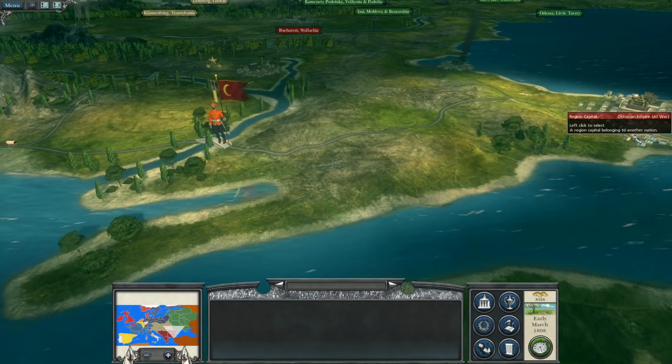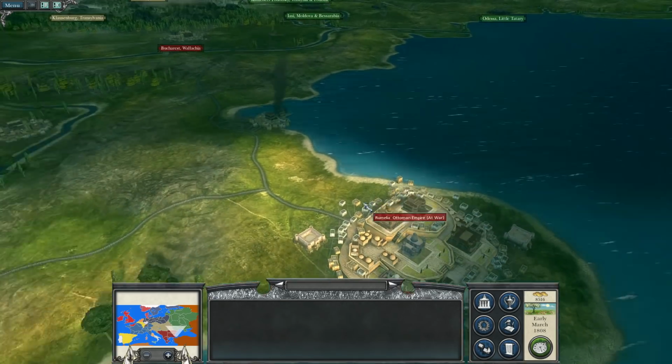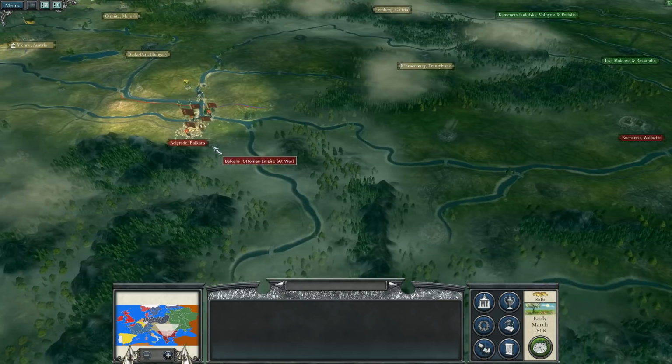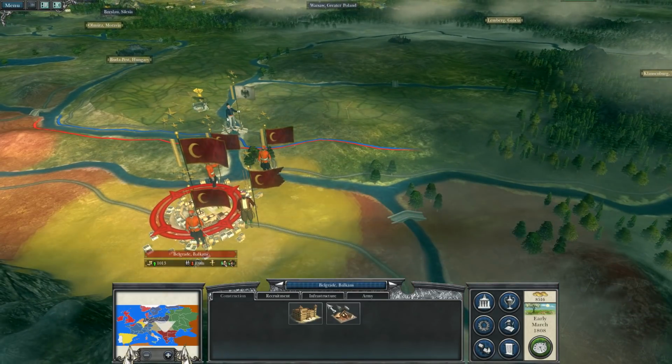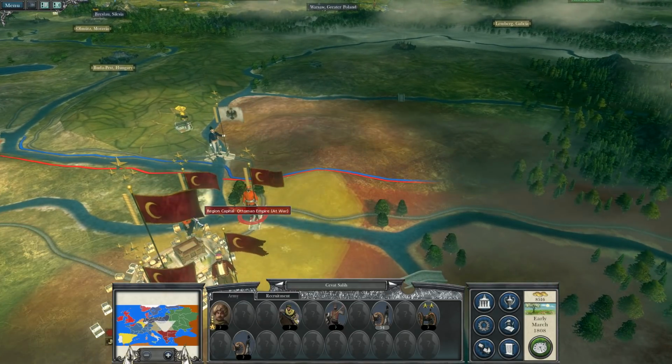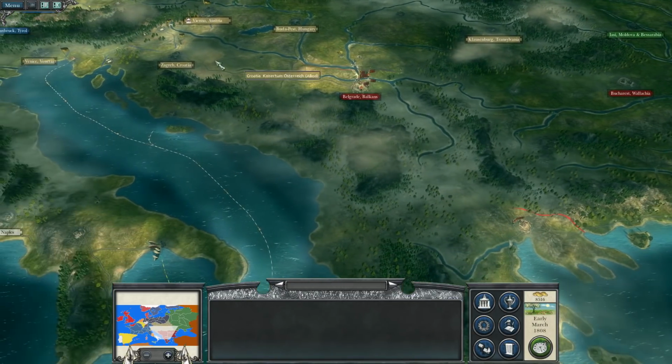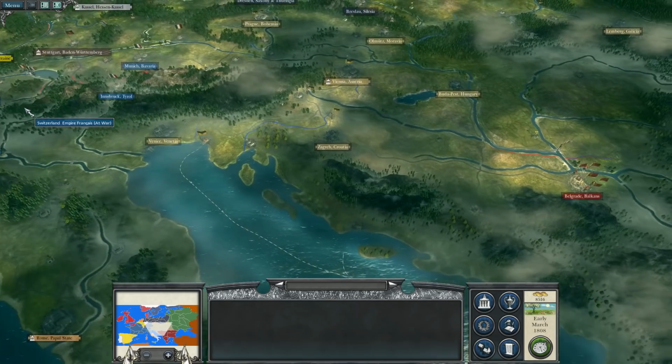Oh, Istanbul has forts. That's gonna be nasty. Does this place... no, this place doesn't have forts. Because there's 3 full stacks of Ottomans. That's a massive battle. But then again, I take a pretty massive region if I do that.